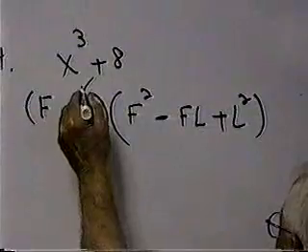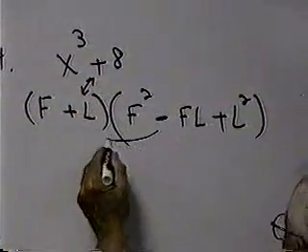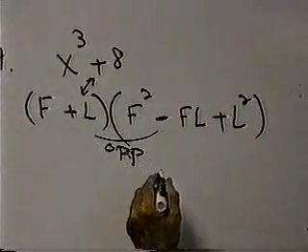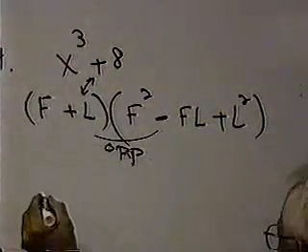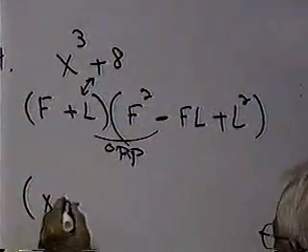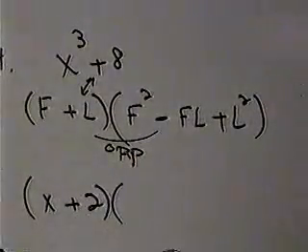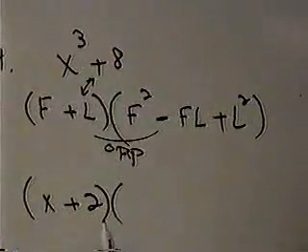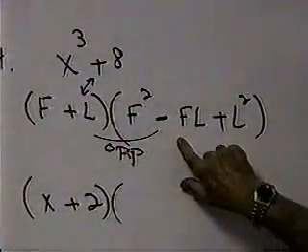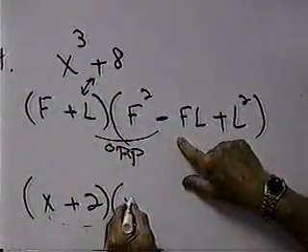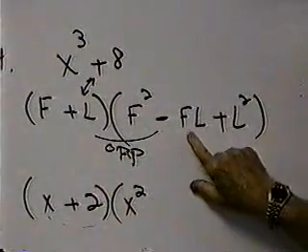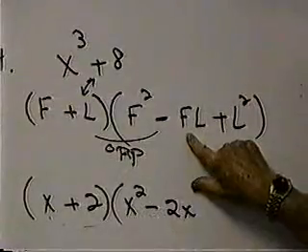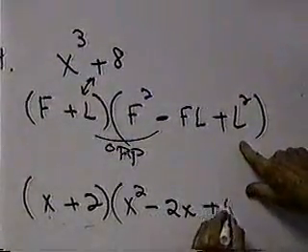This is the same sign, and this will be opposite. So therefore, the answer is x plus 2. In other words, the cube root of this and the cube root of this. And then you don't look at anything except right here. So it's the first one squared. It's the first times the last, opposite sign, and it's the last one squared.